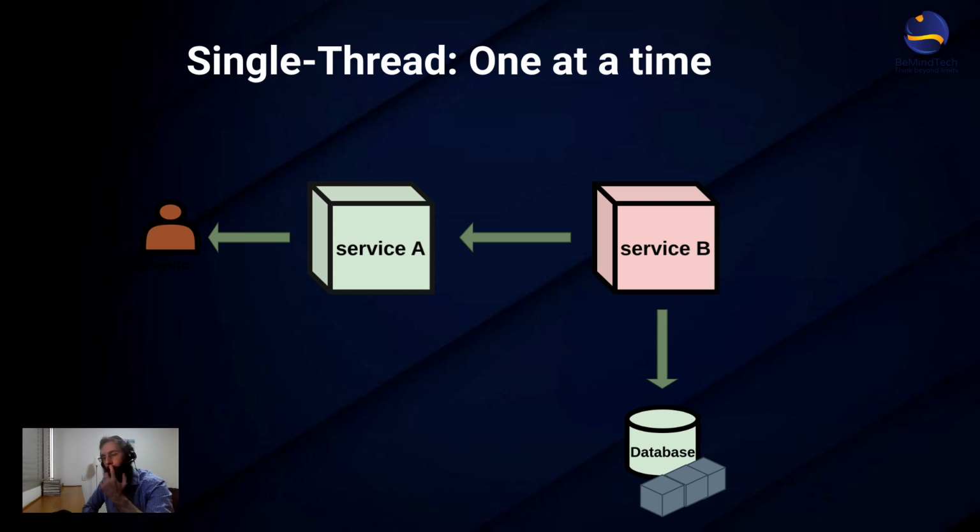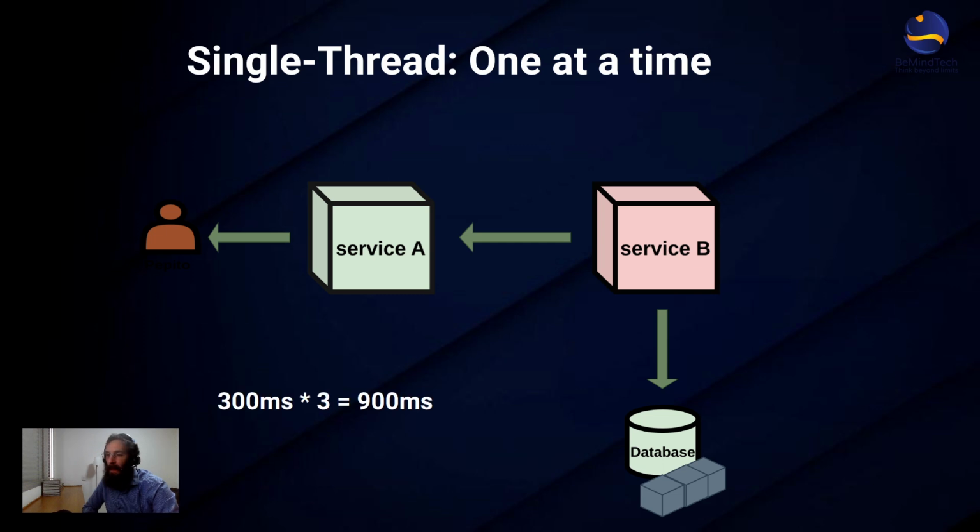So in this case, service A processed the request in a single thread and sent all the requests to service B in a single thread, one at a time.